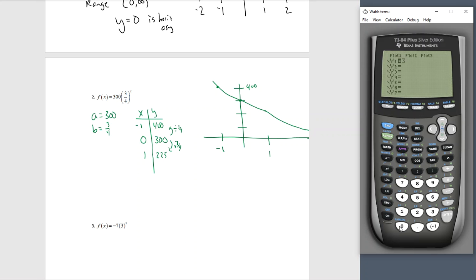And we can see this in a graph on our calculator. 3/4 to the x power. When we graph that, nothing shows because my window is so small. So let's fix our window.